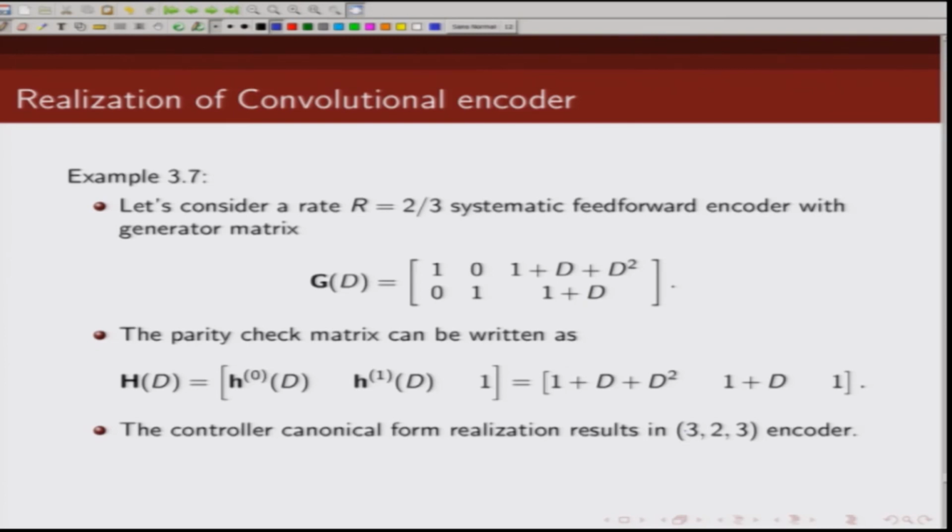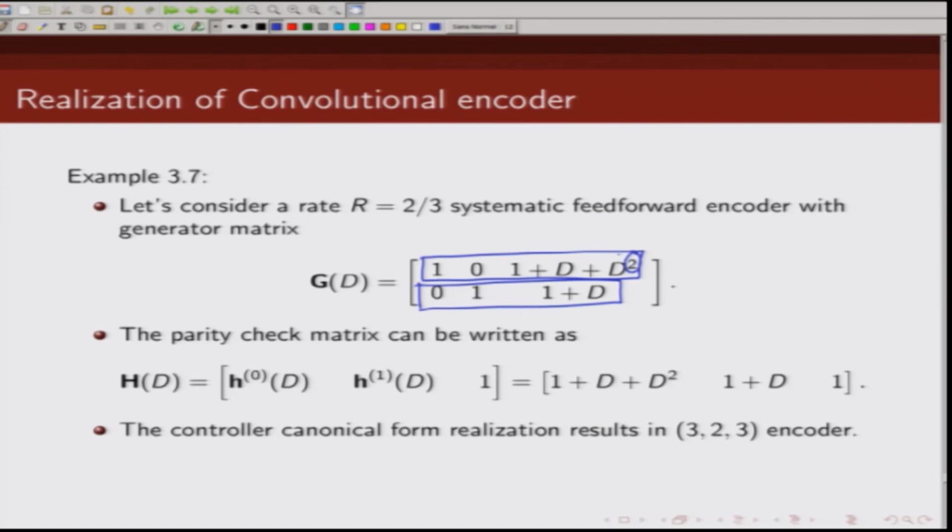In controller canonical form realization, there are two inputs here. So, we will have one set of shift registers for each of the inputs, one set for this and one set for this. To realize this, we need two memory elements, because here the highest degree of D is 2, and to realize this we require one memory element.